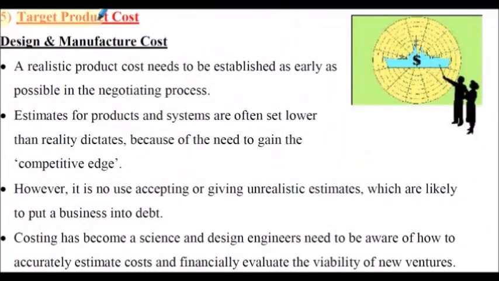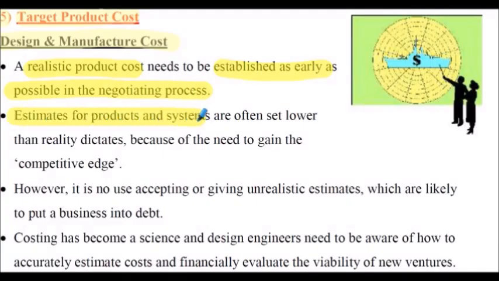Requirement 5 in our list is the target product cost. Here's design and manufacture cost. A realistic product cost needs to be established early on in the design process by negotiation with various stakeholders. It's sometimes found that the estimates for products or systems are set lower than reality dictates in order to try and gain a competitive advantage.